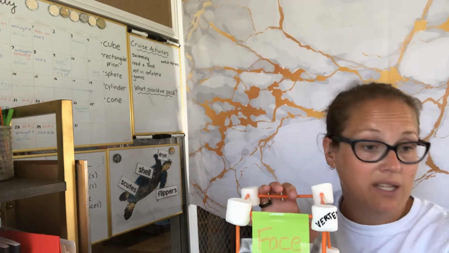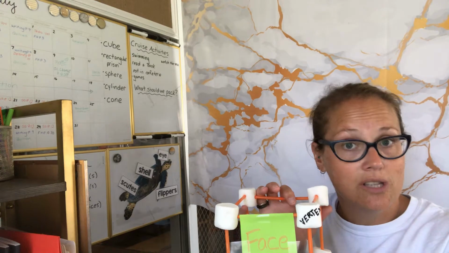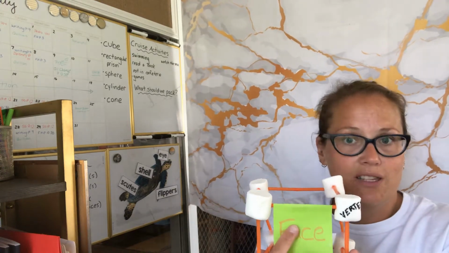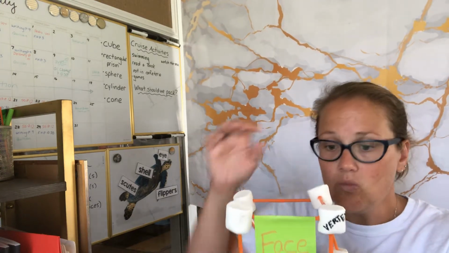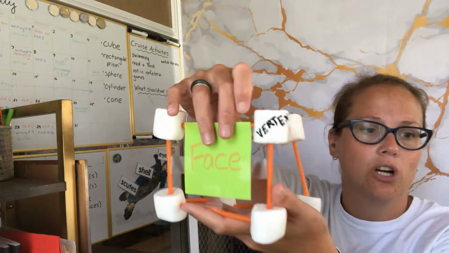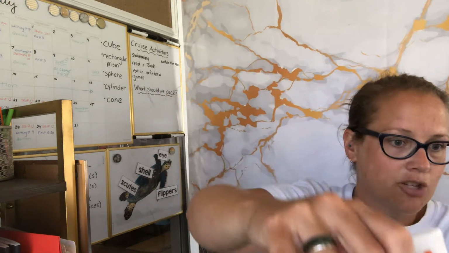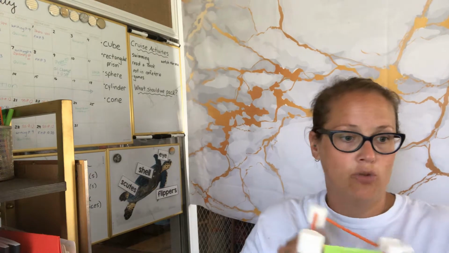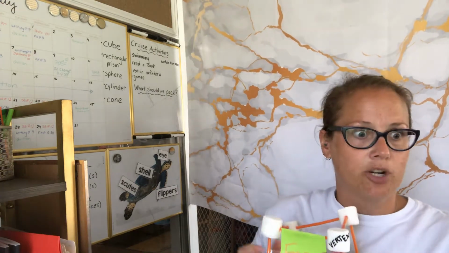Sometimes we have bases that might be circles, like on a cylinder. So faces are your sides. The marshmallows here, it was really hard to write on a marshmallow, but if you look real close, a marshmallow is called a vertex. So if you look at my cube, it's a little wiggly because it's made of marshmallows.